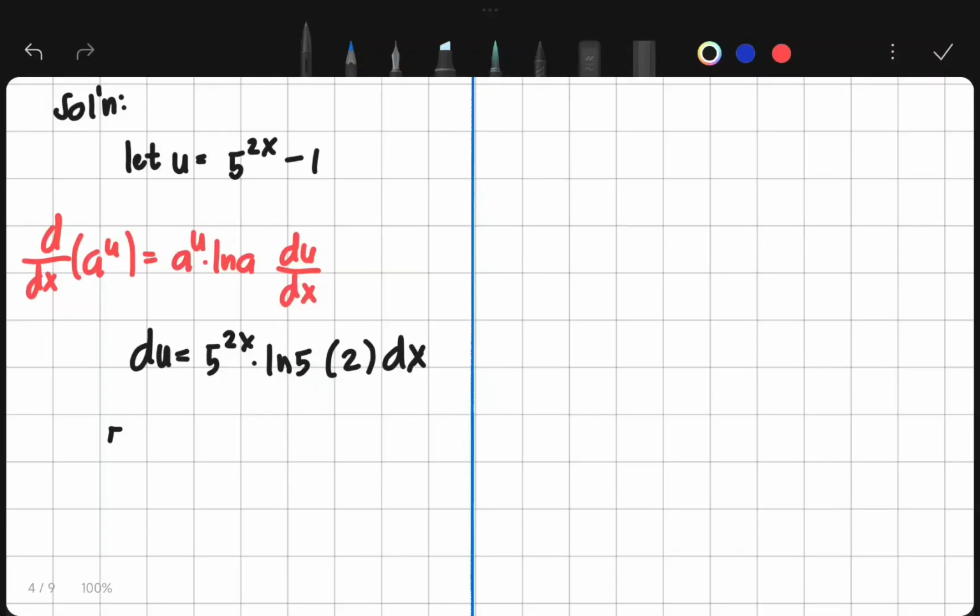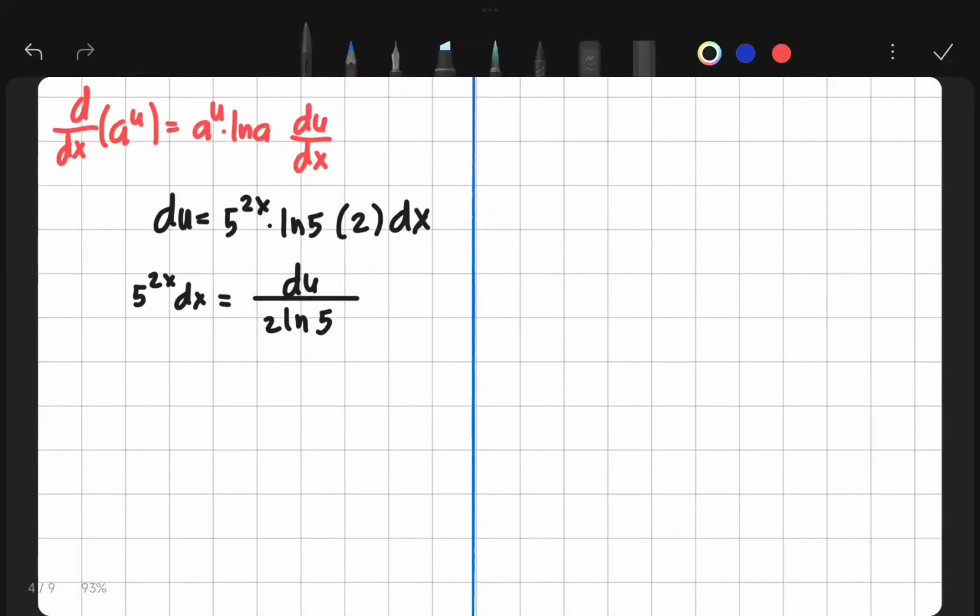So 5 raised to 2x dx is simply equal to du over 2 ln of 5.